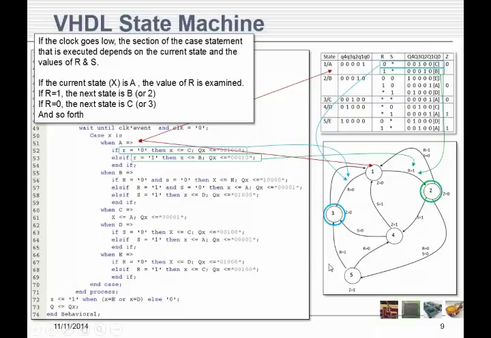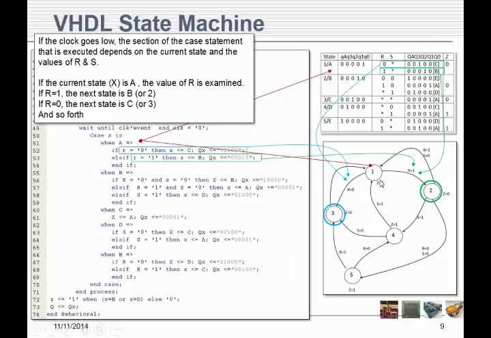If R is a 1, looking at this table again, I'm showing this green arrow that comes over and points here. So if I'm in state A and R is a 1, I'll move to state B. My output will be a 0, and I can put all that in here just by looking at the diagram.